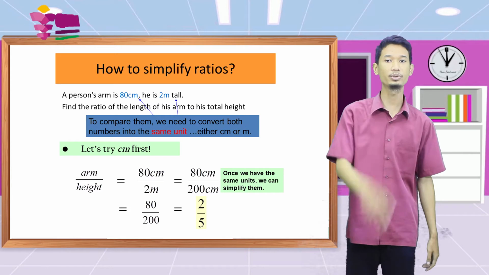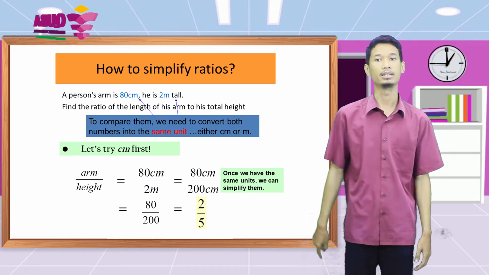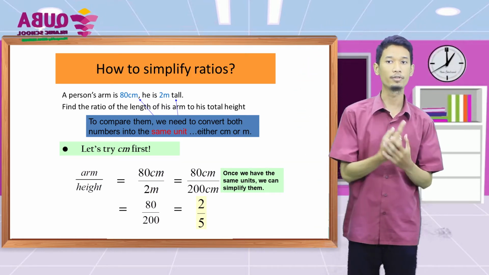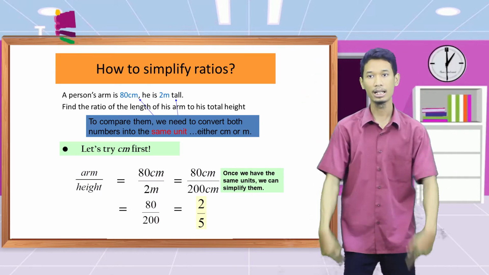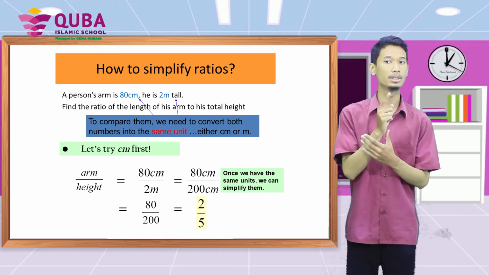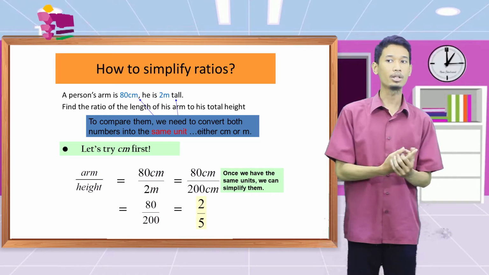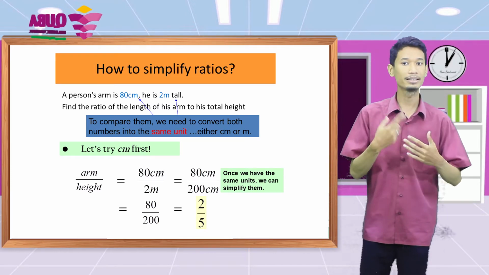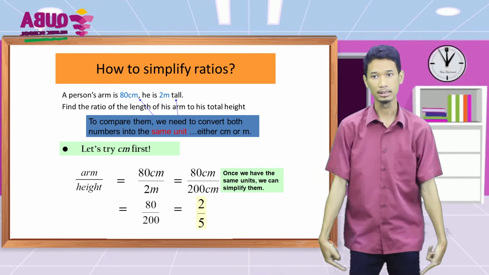How to simplify the ratio? Example 2. A person's arm is 80 centimeter. He is 2 meter tall. Find the ratio of the length of his arm to his total height. To compare them, we need to convert both numbers into the same unit, either centimeter or meter. Let's try centimeter first. Arm over height.